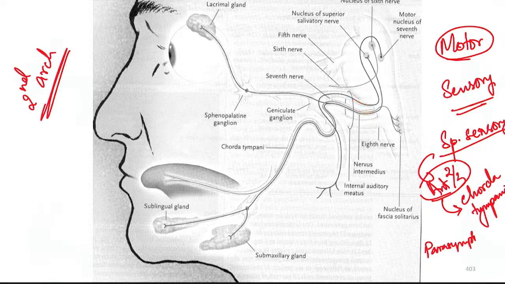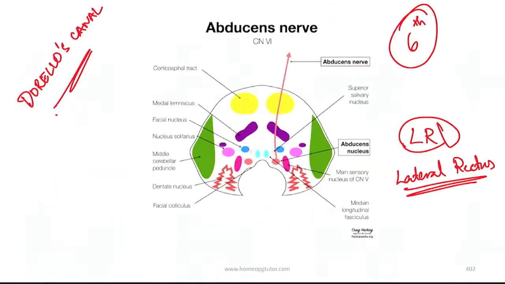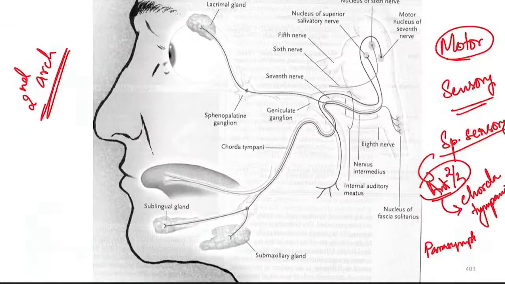Okay, this enters the internal auditory meatus, or internal acoustic meatus. Then it enters the facial canal. There is something called the facial canal. Just as we had Dorello's canal in the abducens nerve, we have the facial canal in the facial nerve.